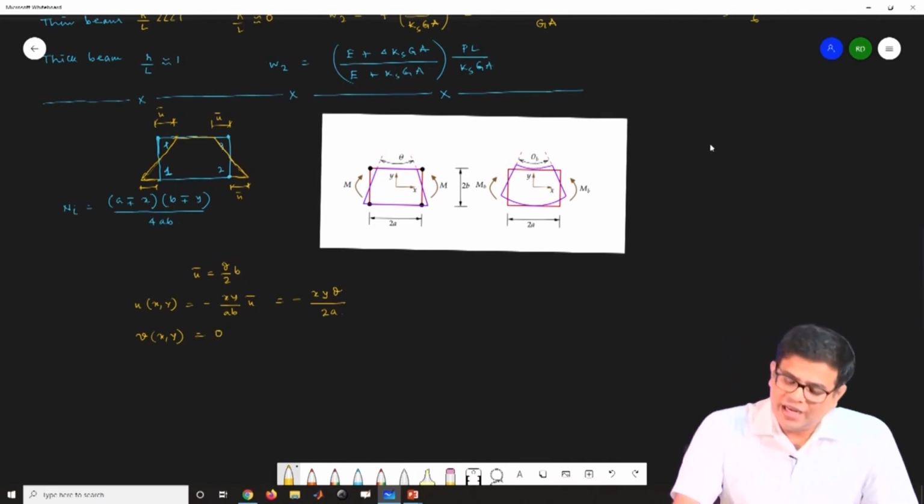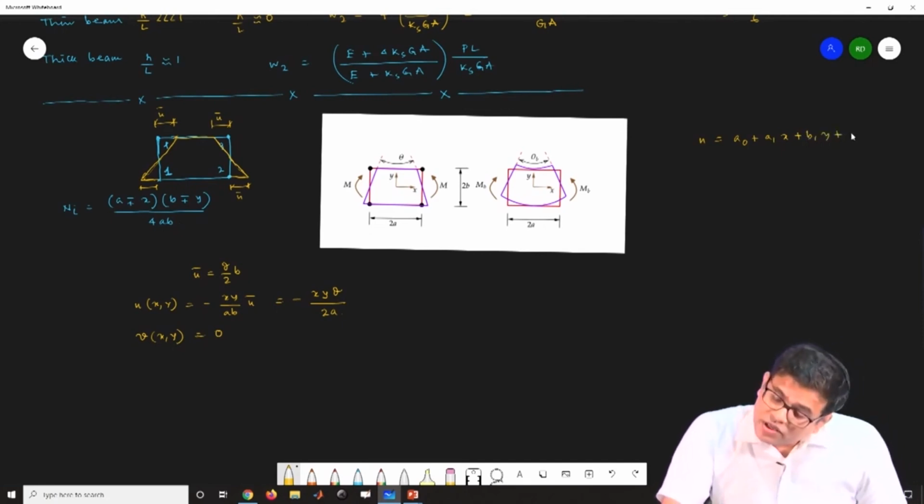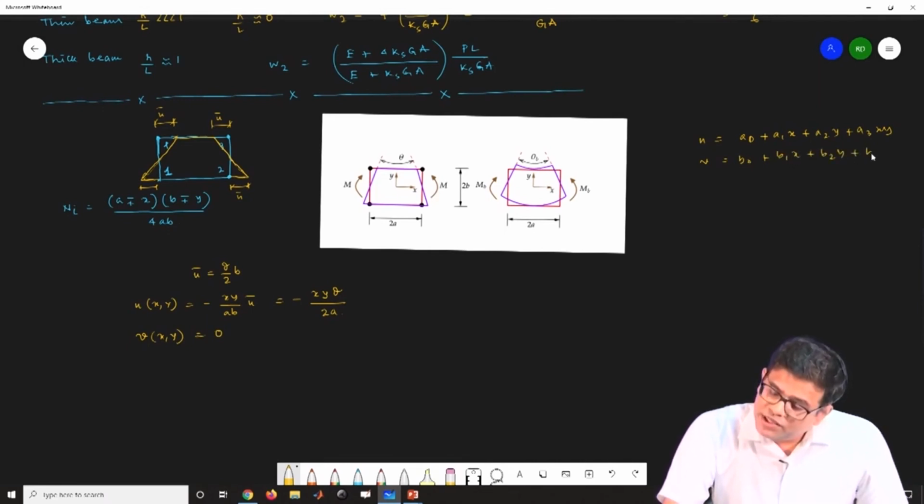If you remember how we derived the bilinear interpolation function, we approximated u as a0 plus a1x plus b1y plus c1xy, and v similarly, with different constants: a0 plus a1x plus a2y plus a3xy, and b0 plus b1x plus b2y plus b3xy.